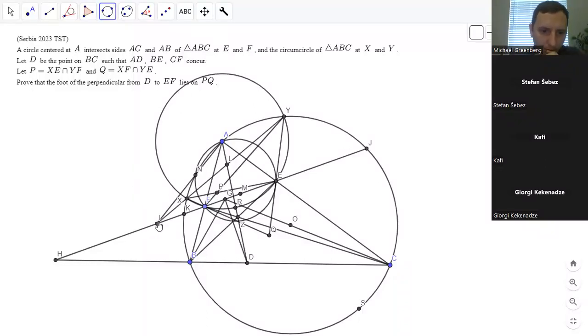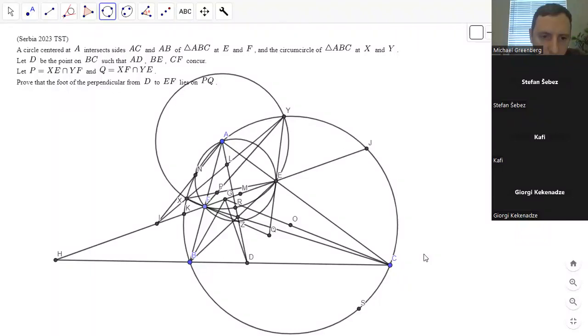Is there some circle like this? Well, that would be the same as saying that NG is the angle bisector. Oh, okay. So a spiral similarity, I think, takes NFE to NBC.